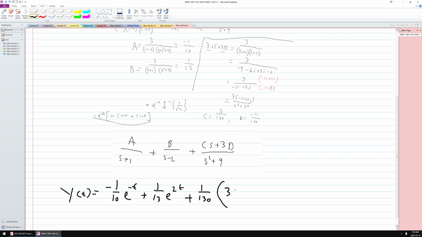And I'm going to get 3 times cosine of 3t. And I'm going to get a minus 11 sine of 3t.